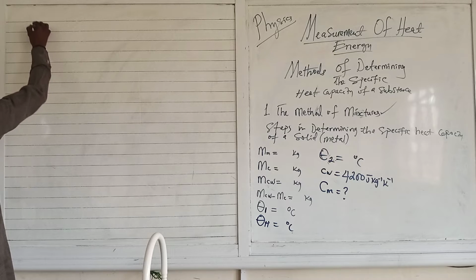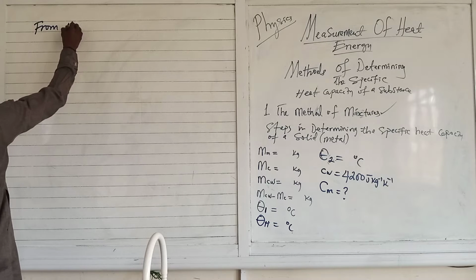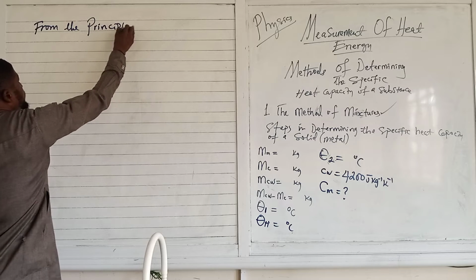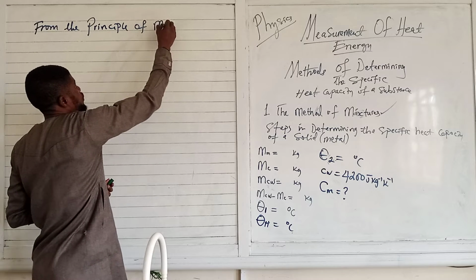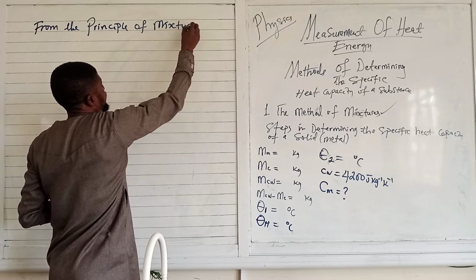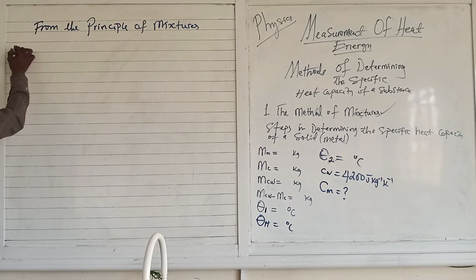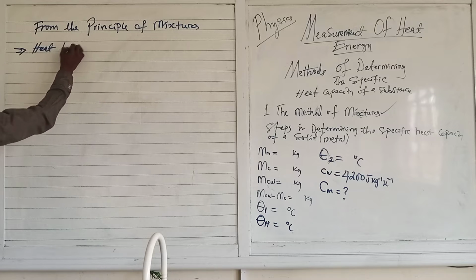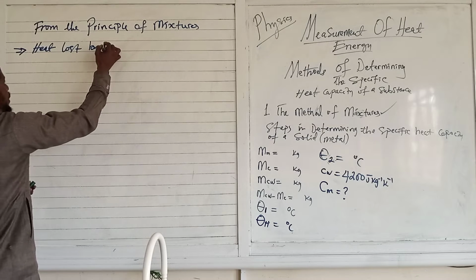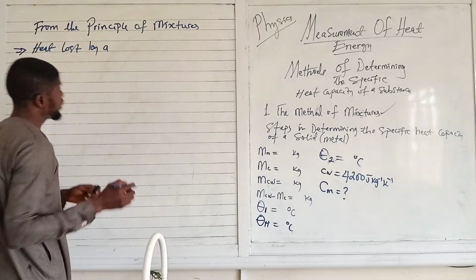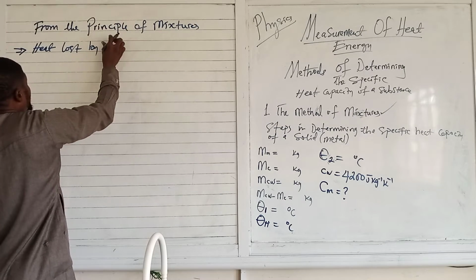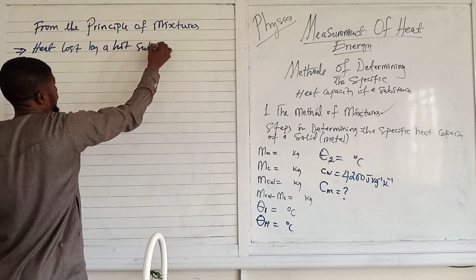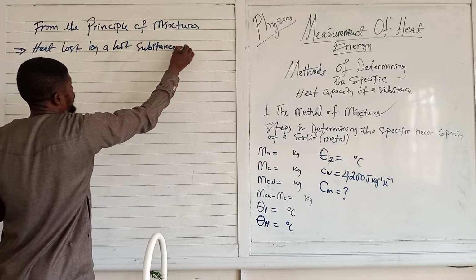We write, from the principle of mixtures, it implies that heat lost by a hot substance is equal to what?